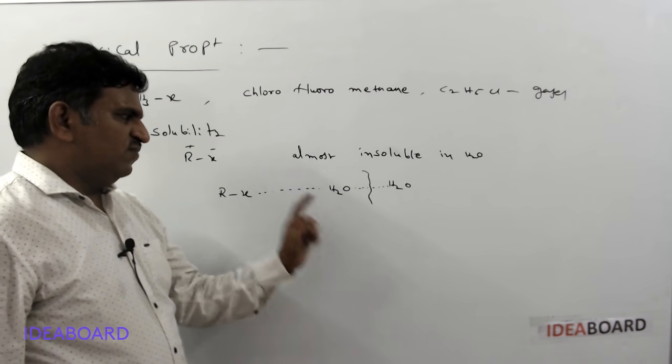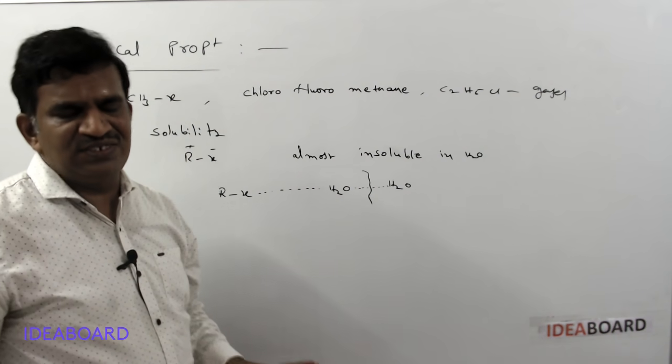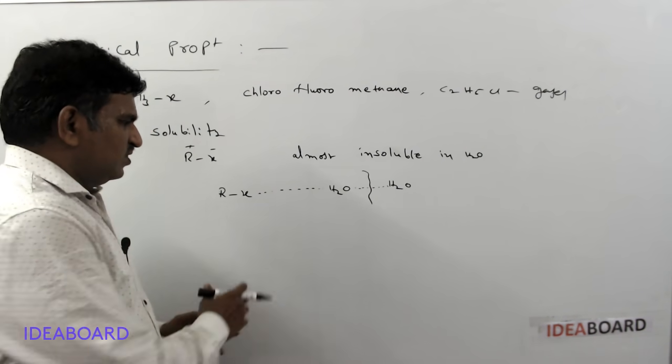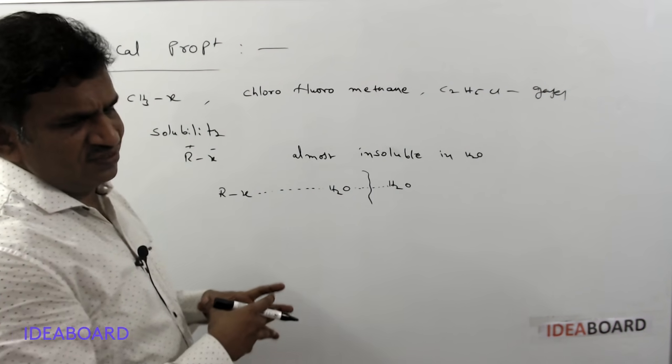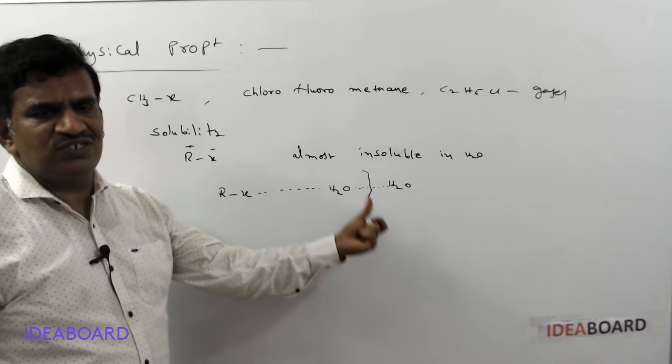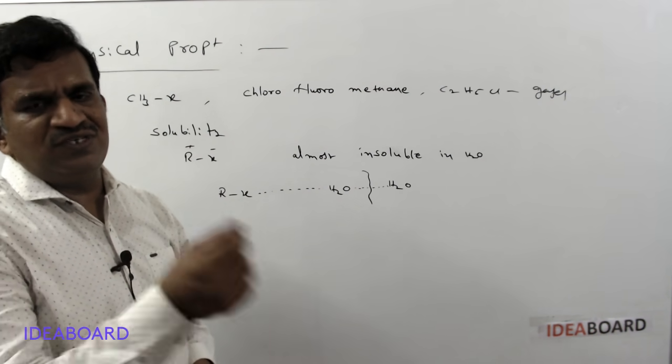So water molecules' hydrogen bonds are not broken easily, and so when water and alkyl halide are mixed, the alkyl halides are only partially soluble or very slightly soluble. Why is the remaining amount soluble?